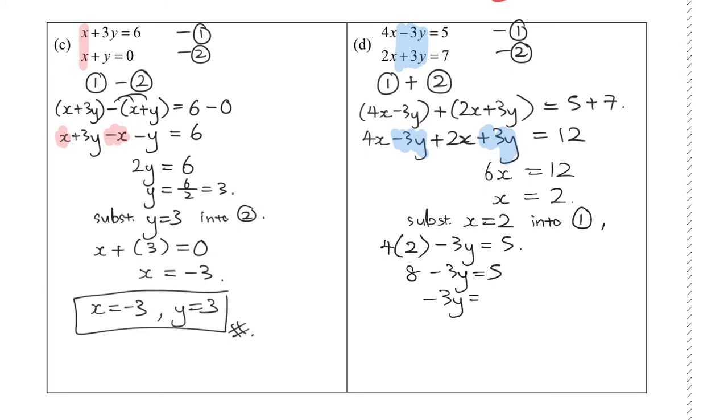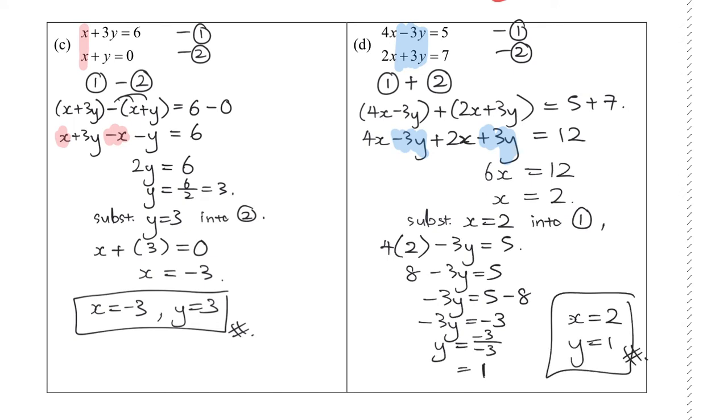And now minus 3y is 5 minus 8, which is negative 3. So in the end of the day, y is negative 3 divided by negative 3 to be 1. And I conclude again, x is 2 and y is 1. Hooray!